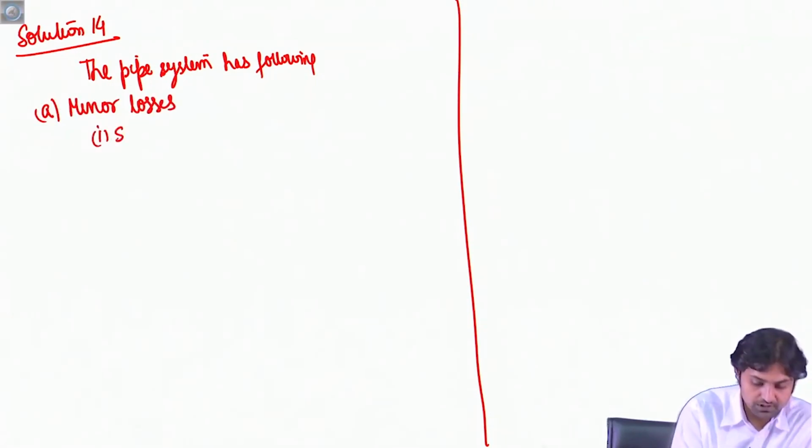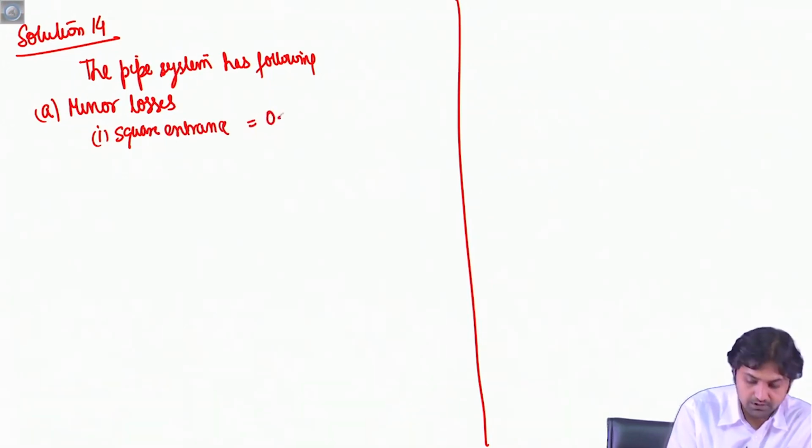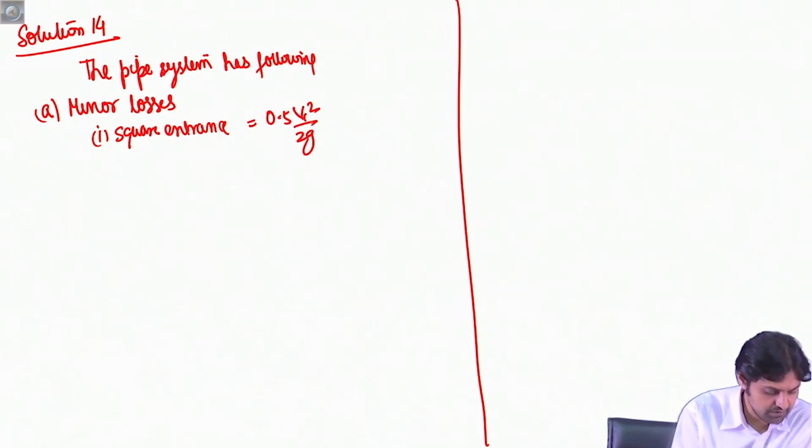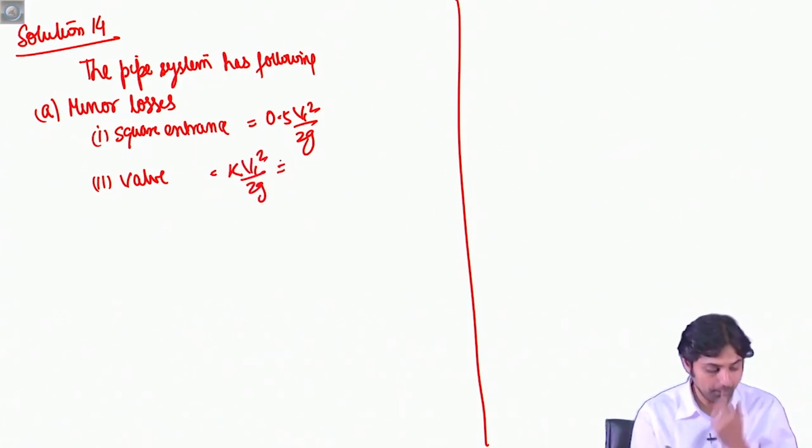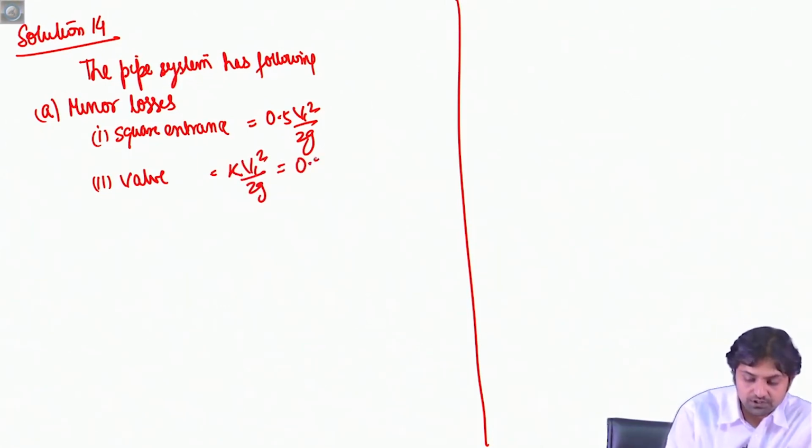The first one is the square entrance, and the head loss here will be equal to 0.5 V1 square by 2g. We have learned this formula. Since there is a valve, there is a minor loss equal to K into V1 square by 2g. K is already given in the question, as I told you, it's 0.2 V1 square by 2g.